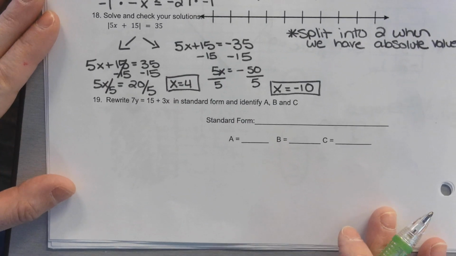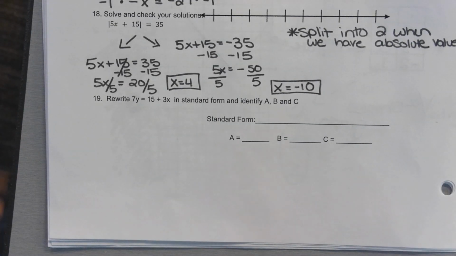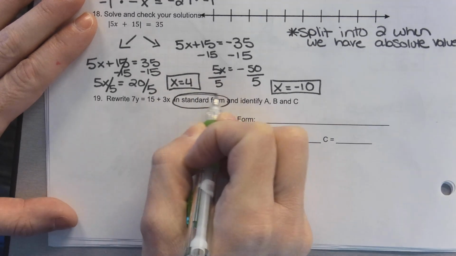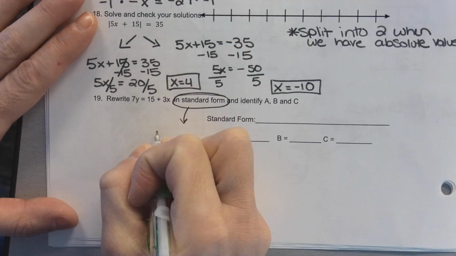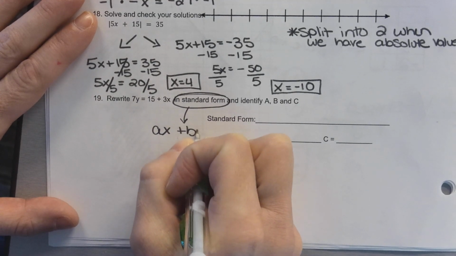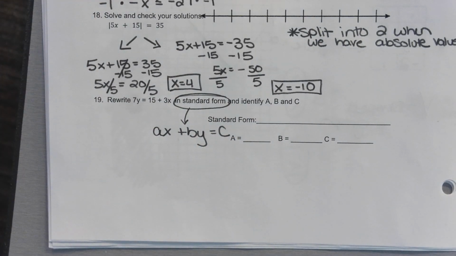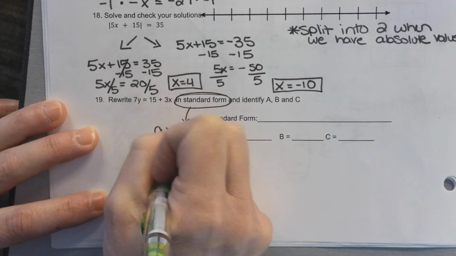All right, so it says rewrite in standard form. Ooh, do you remember what standard form is? Ooh, no, the y equals is vertex. This one is ax plus by equals c. So another way to think about that is things with variables go on the left.